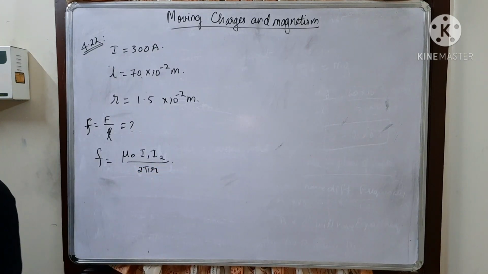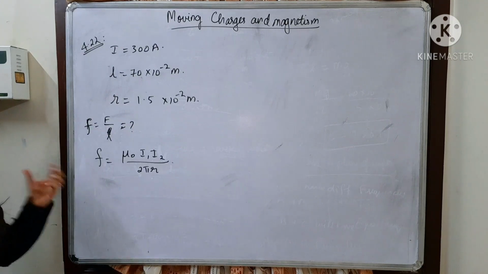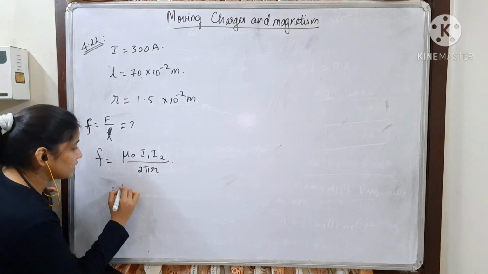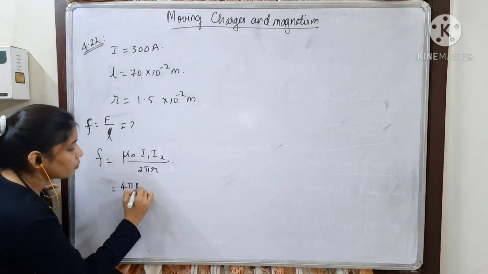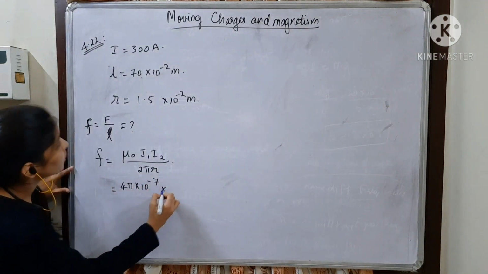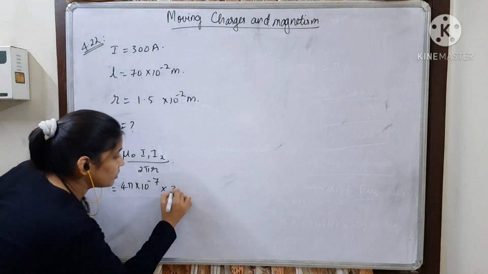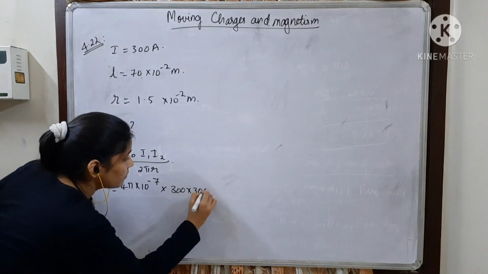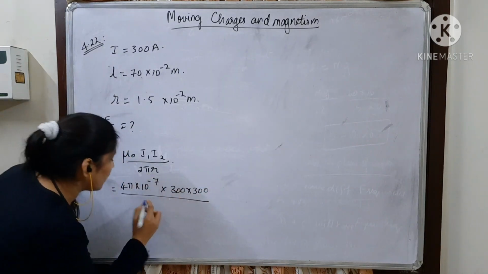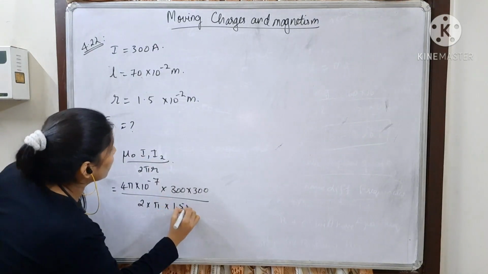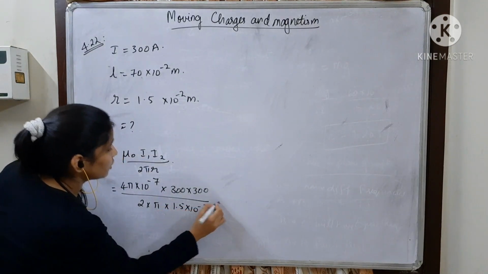This is the formula for force per unit length of two wires carrying current kept close to each other at a distance of r. If we substitute, we get 4 pi into 10 power minus 7 into, since both wires carry the same current, 300 into 300 divided by 2 pi r, that is 2 into pi into the distance of separation, 1.5 into 10 power minus 2 meter.